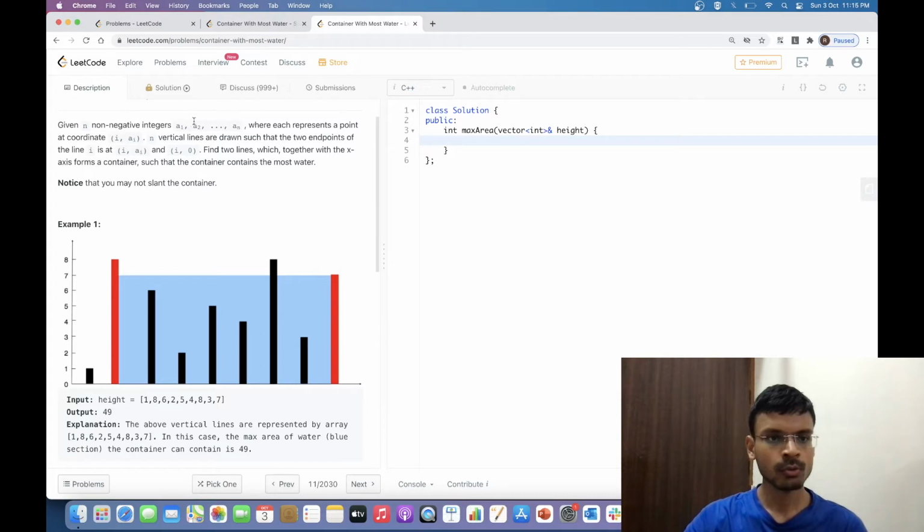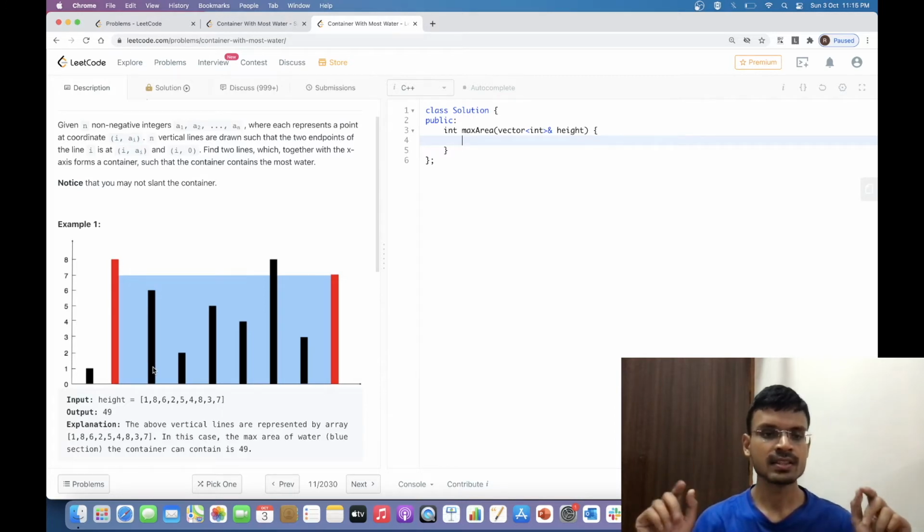If we go by a brute force approach, we can run two loops, and for each iteration we would have two indices i and j.